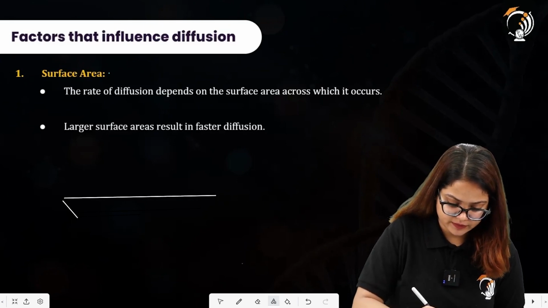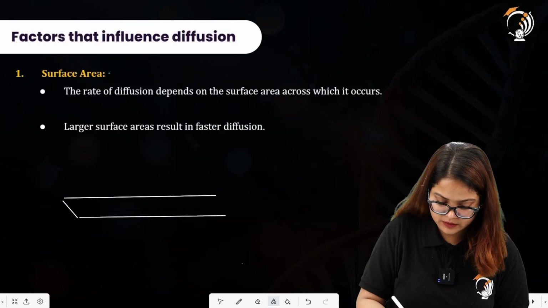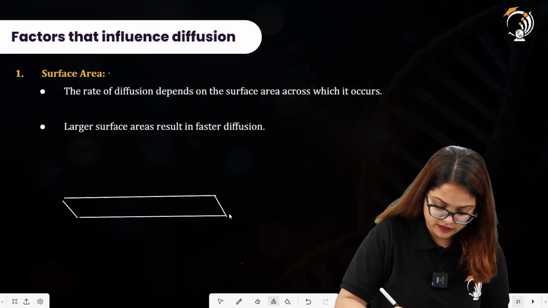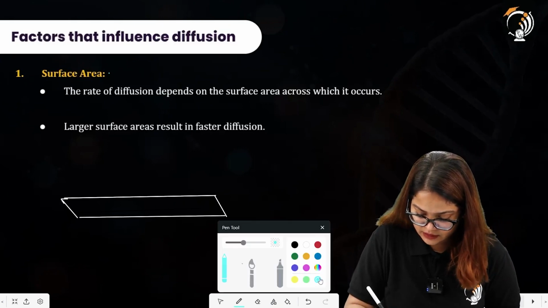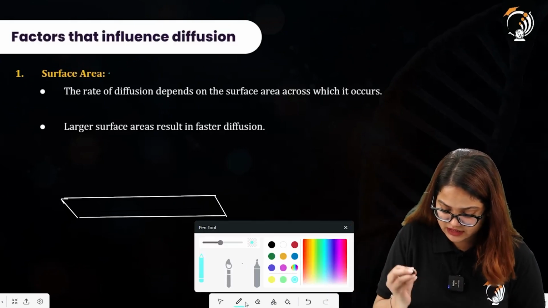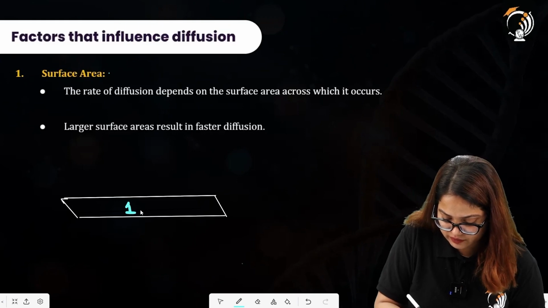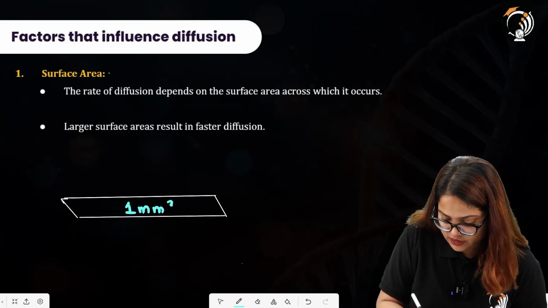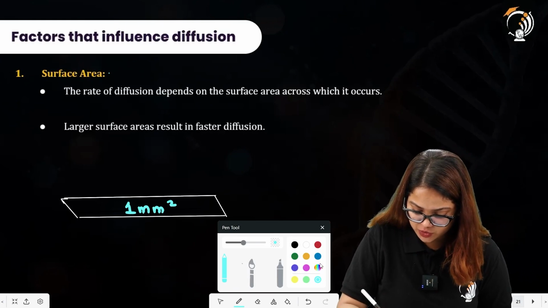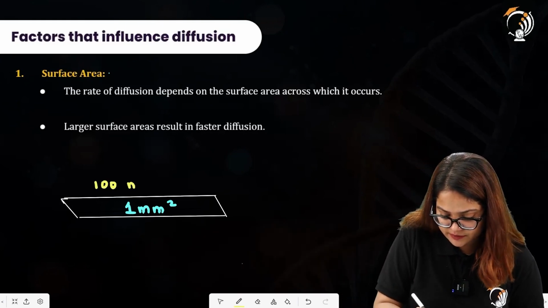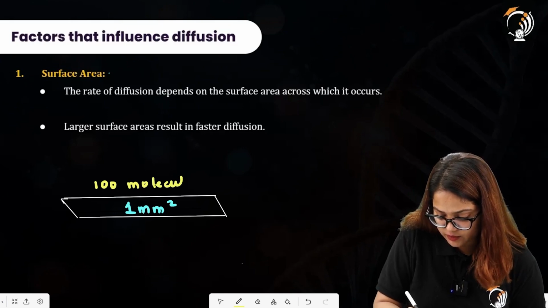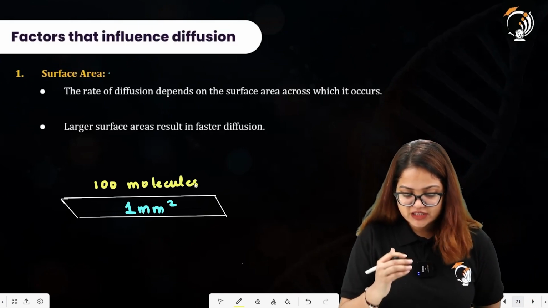Let us assume that this surface area is 1 millimeter square, and that 100 molecules can move across this particular surface area.